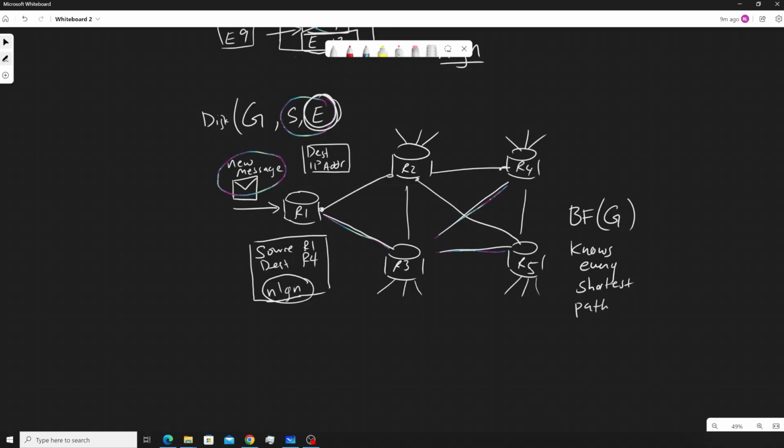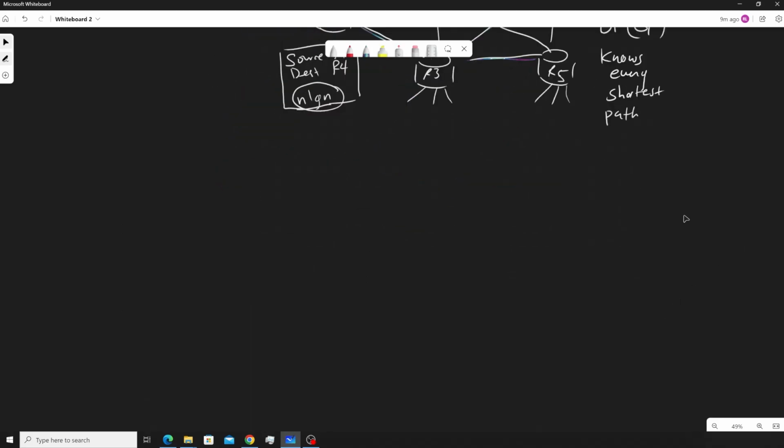Okay, so we are going to next talk about Bellman-Ford. Bellman-Ford itself is an algorithm that solves the shortest path problem.